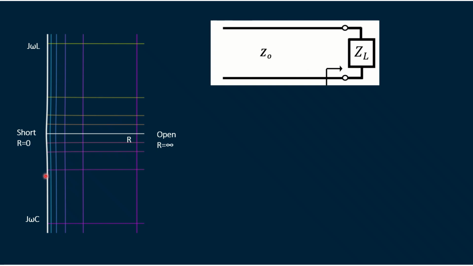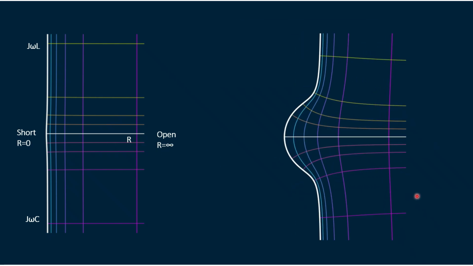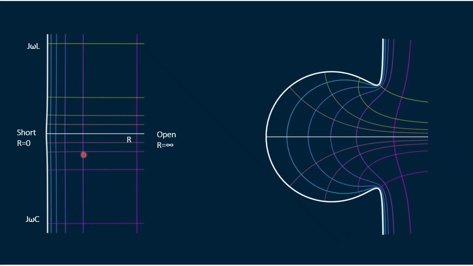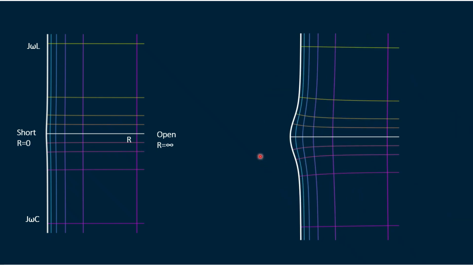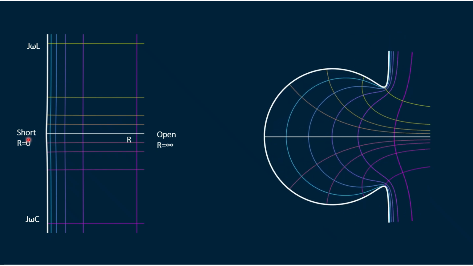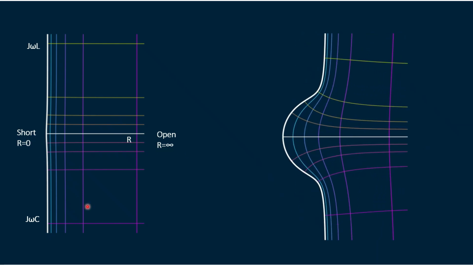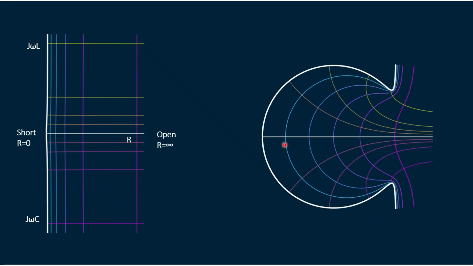We have seen in part 2 how the Mobius transformation transforms this rectangular coordinate system into the Smith chart. Here you can see how the transformation from the rectangular to the Smith chart happens. Based on this transformation, it is very easy to identify short and open, and the inductance part and the capacitance part on the Smith chart.